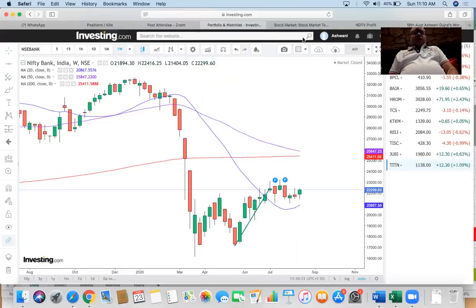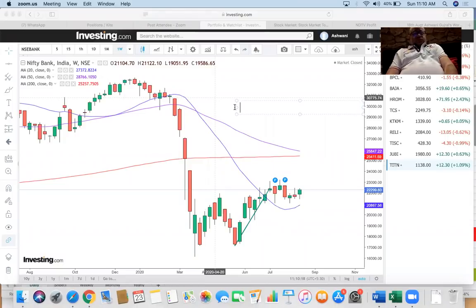So let me write this down. Swing trade for Bank Nifty: buy with a stop of 22,200, because we have to take into account a bit of gap also.